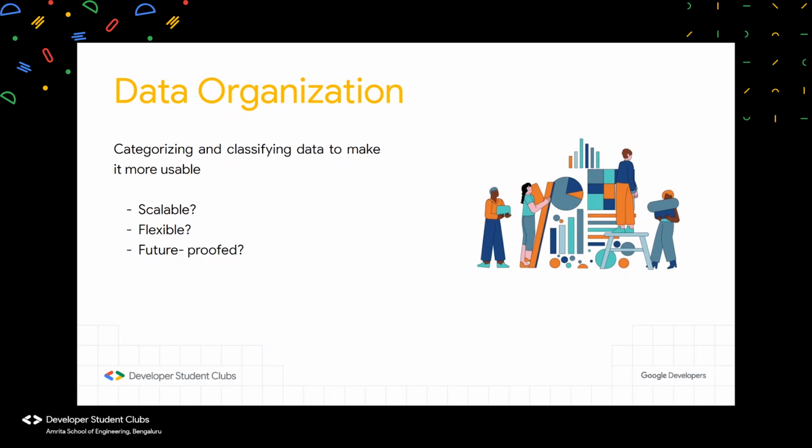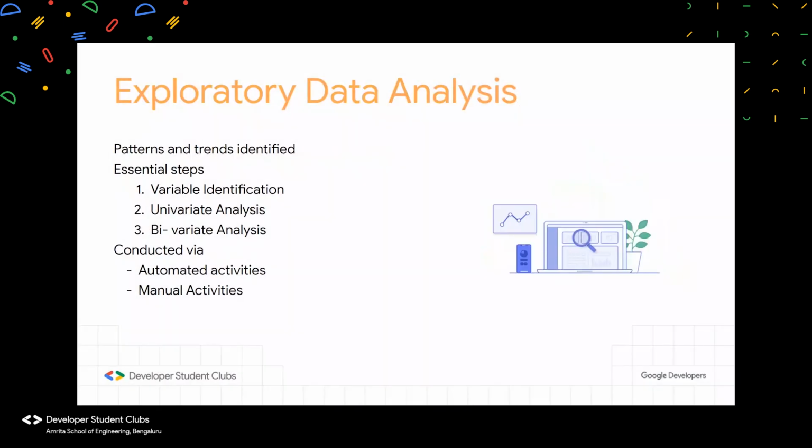Also, inclusive of data organization, you've also got data cleaning. That takes pretty much 68% of the process. Now, coming to the next and the final step, exploratory data analysis, also known as EDA. This enables deeper data analysis as patterns and trends are identified.